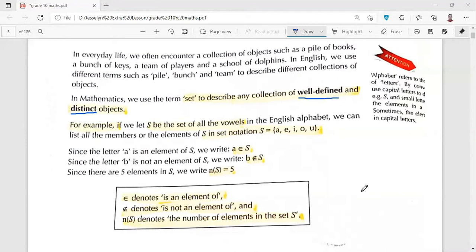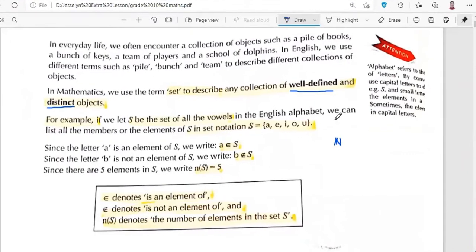For example, Jesselyn, can you give me a set of counting numbers? 1, 2, 3, 4, 5, until positive infinity, right? But in mathematics, natural numbers are represented by N.